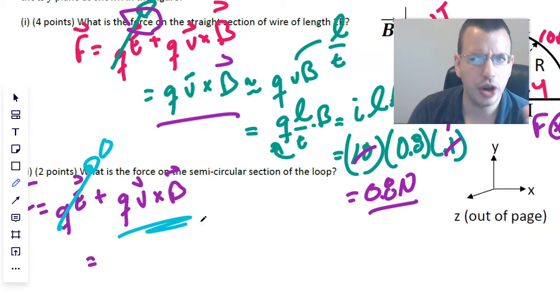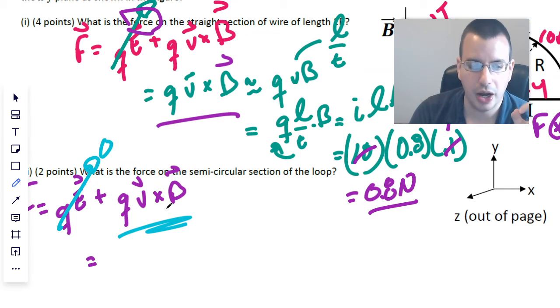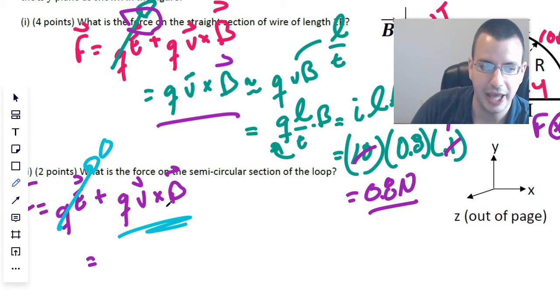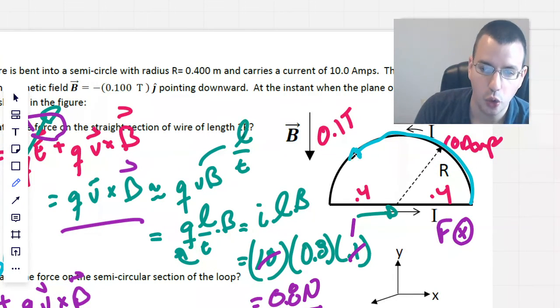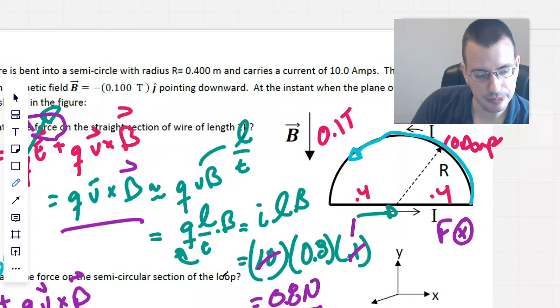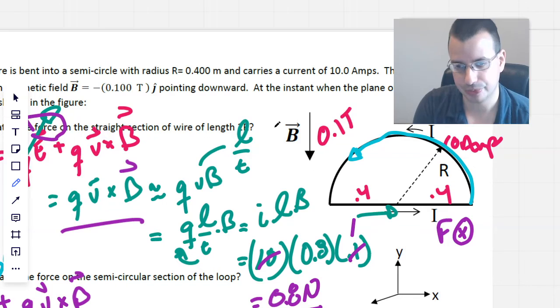And another way of looking at this is, what is the length of the wire that is perpendicular between these two? So you have V, which is the current, positive charges moving in the positive direction like this. What portion of this length is perpendicular to the magnetic field?